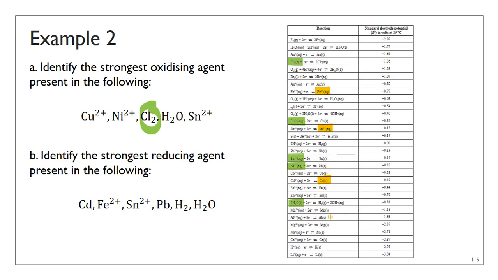Is lead even in here? Oh yes, H2 gas, so right above it, and H2O is here. There's actually two. So we're looking at the strongest reducing agent, which will be the species that is the lowest on the right. So in this case, cadmium. Okay, so that's very simple. Just make sure that you highlight the correct species and you should be able to do the comparison.